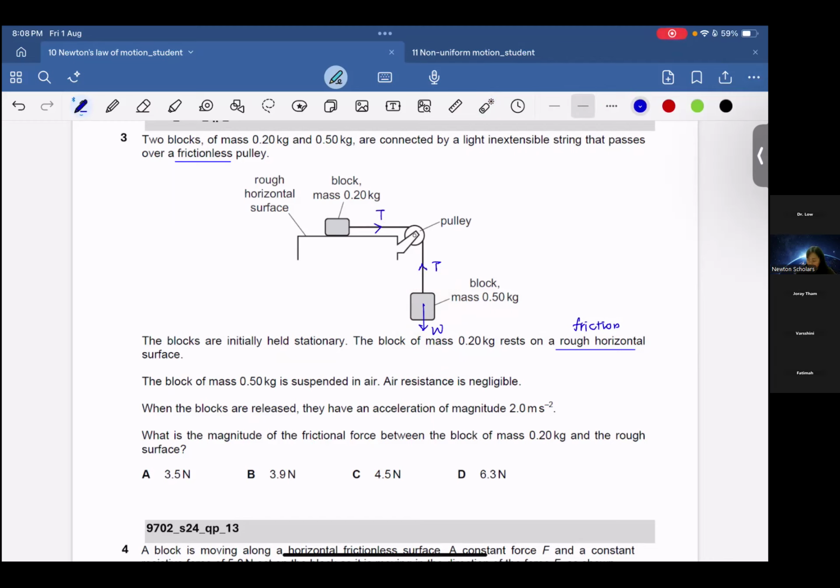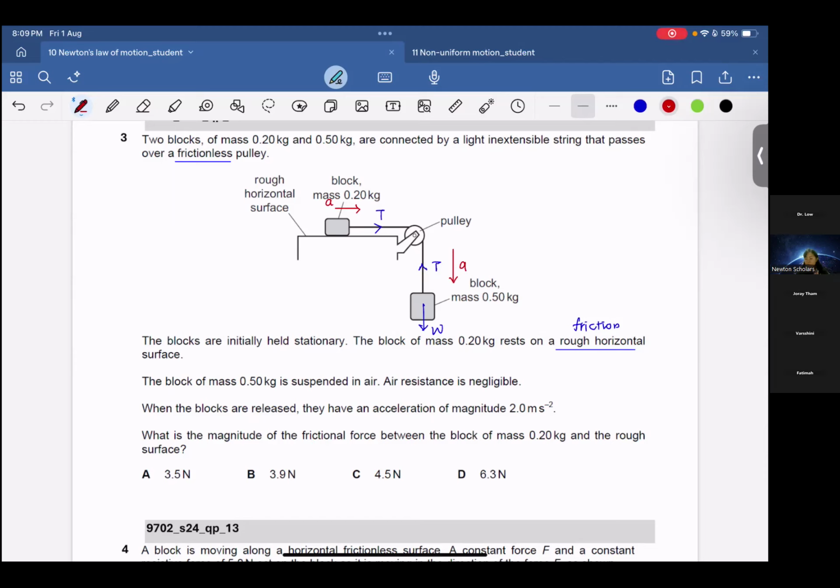This block will move downward, pulling the other object, so that object will move to the right because they move together. It will accelerate in this direction A, and this one moves downward with acceleration here.